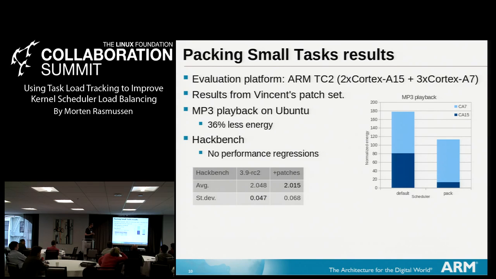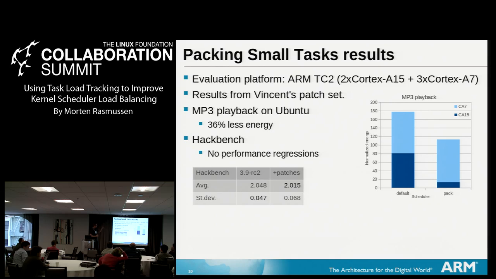And what we saw was that this task, along with all the other tasks running on Ubuntu, because they could be packed to a single CPU, actually saw 36% less energy when using these patches. You can see to the right there is a breakdown of the energy for this MP3 playback.